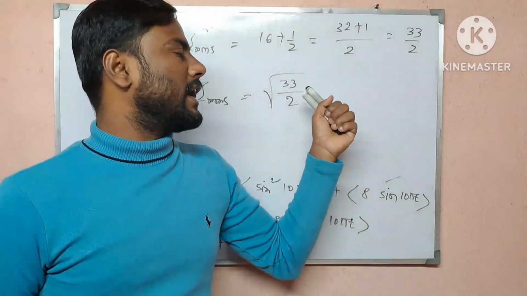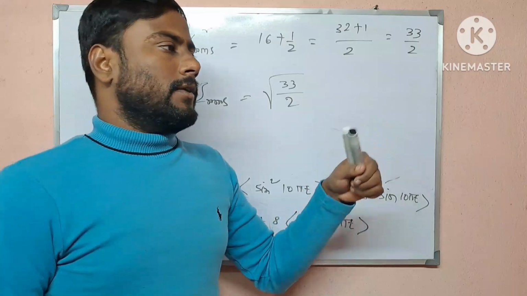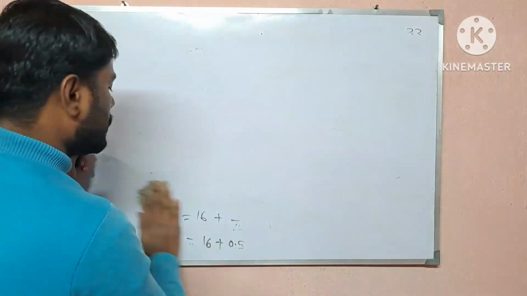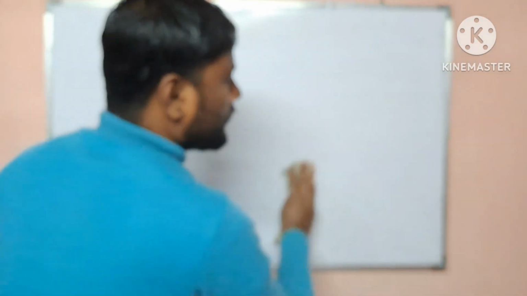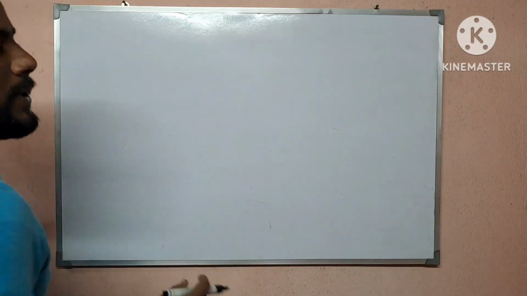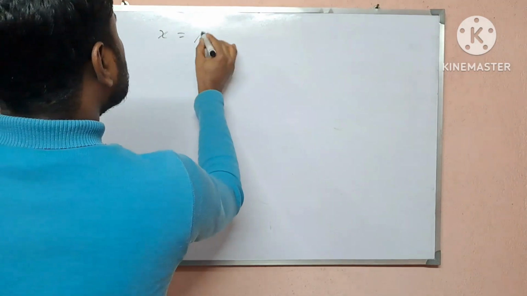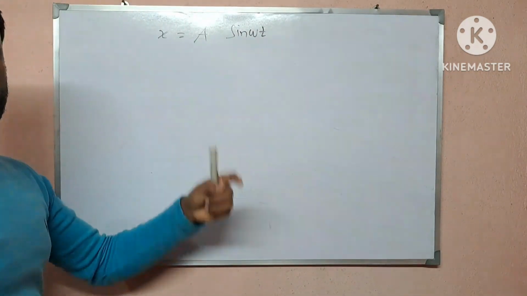Similarly, you can find the RMS value of voltage or RMS value of current for any quantity, for any equation. Now, in class 12, that thing also arises in simple harmonic motion. We all know that if the displacement of a particle is given by x equal to a sine omega t, that particle will definitely execute SHM.